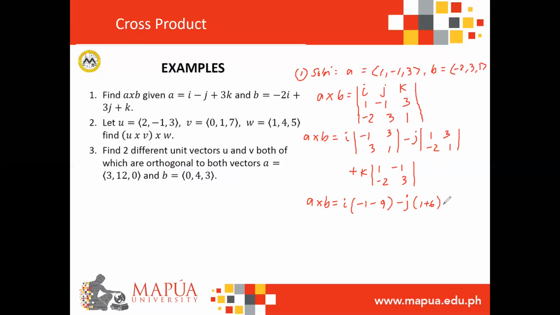Then we have plus k, and this is positive 3 minus negative 1 times negative 2, that's positive 2. So that is 3 minus 2. And the result of A cross B using cofactor expansion is negative 10i minus 7j plus k. Or we can also write this in component form, negative 10, negative 7, 1. So this is how we solve the cross product of two vectors using determinant, specifically cofactor expansion.